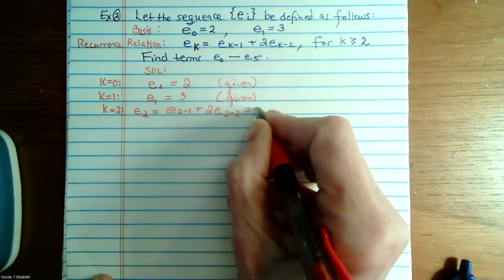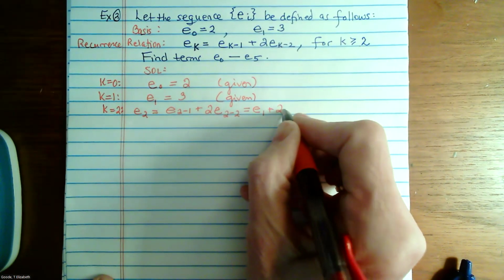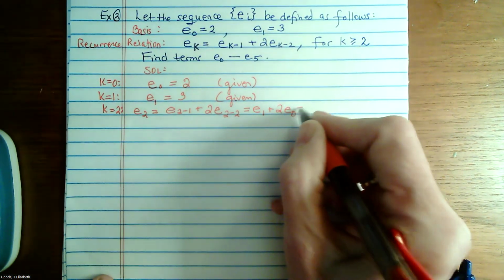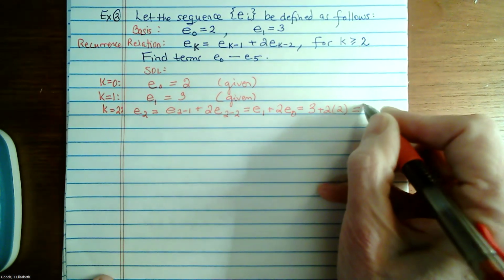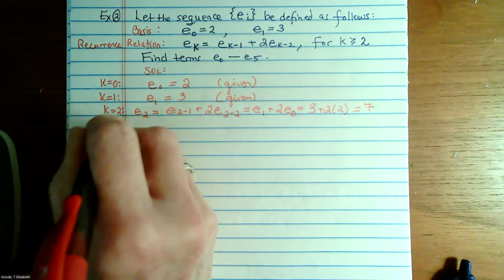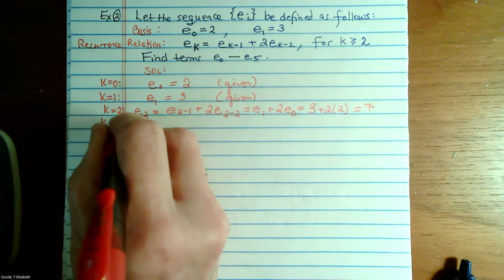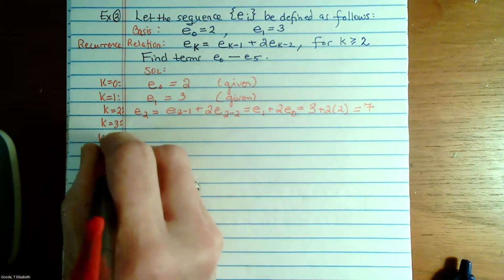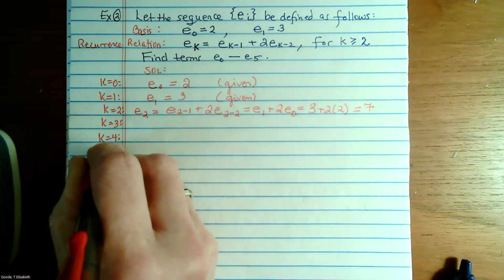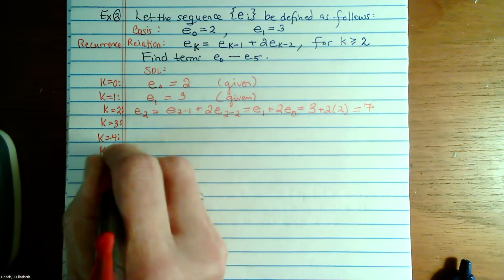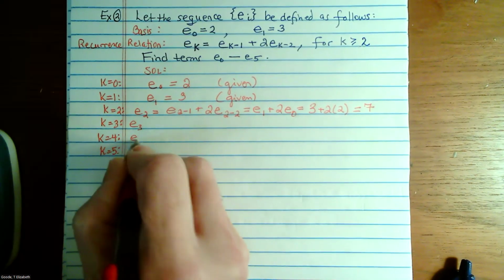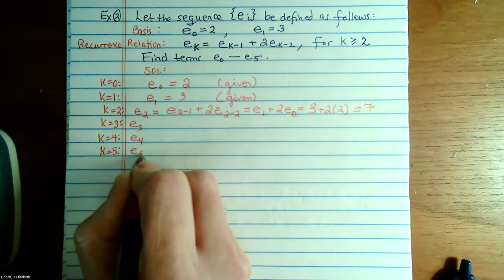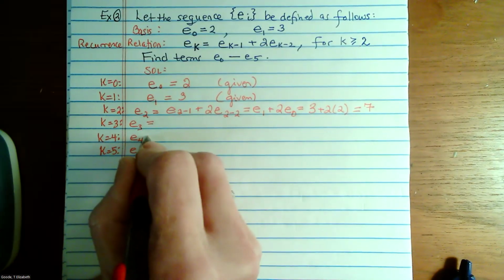So, of course, that's E1 plus 2 times E naught. And that is 3 plus 2 times 2. Yep, 7 looks good to me. So go ahead now, folks, and just get a little practice in and find E3, E4, and E5. And then I'll work on them here, and you work on them there, and you can check in as you need to.